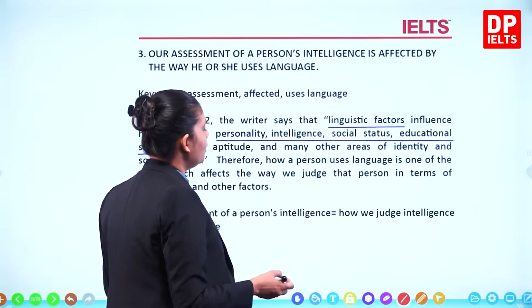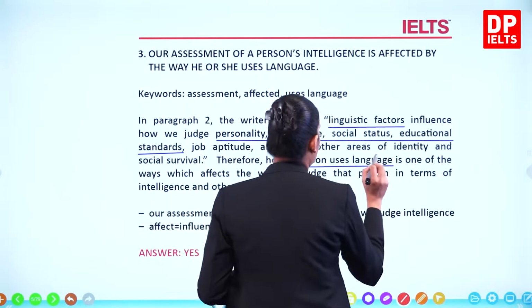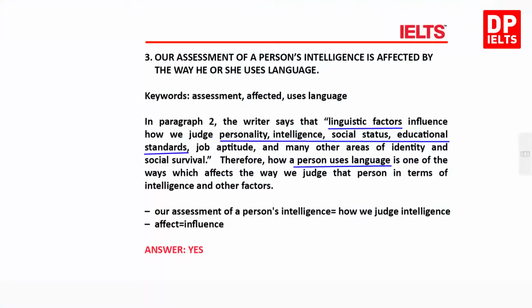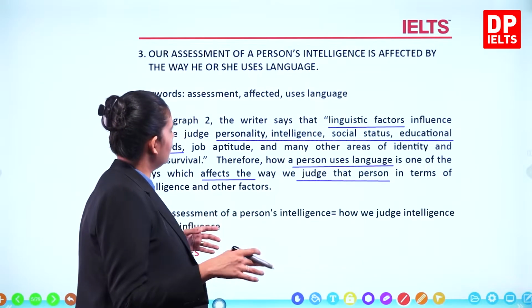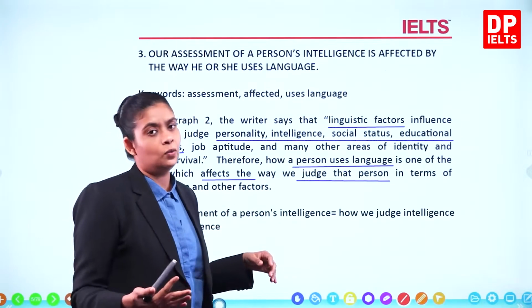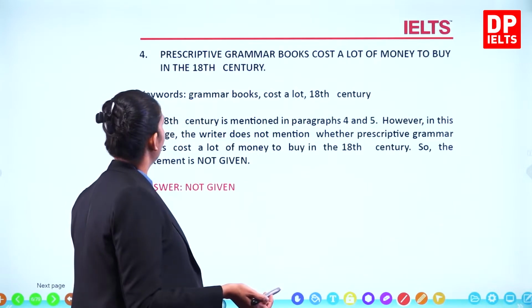Therefore, how a person uses the language is one of the ways which affects the way we judge that person in terms of intelligence and other factors. So yes, they judge us based on the language we use. So definitely the answer is yes.